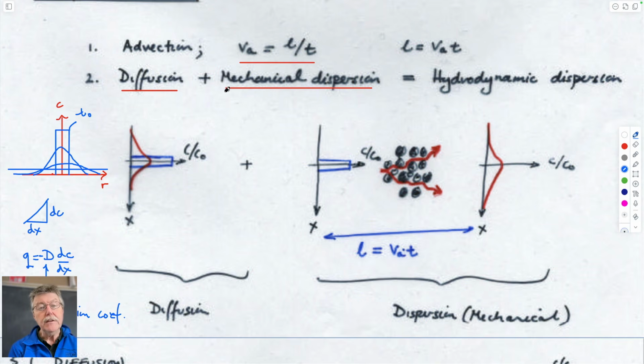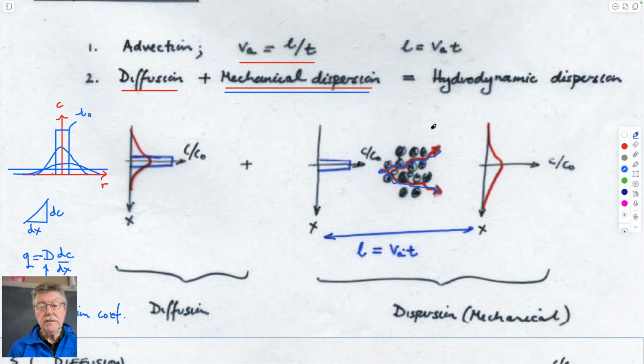And so the other thing that operates in these systems is called mechanical dispersion. And mechanical dispersion is the idea that if you flow fluid through a porous medium and you put a drop of dye in there, then two molecules of dye adjacent to each other, one will go off in one direction, one will go off in the other direction somehow.